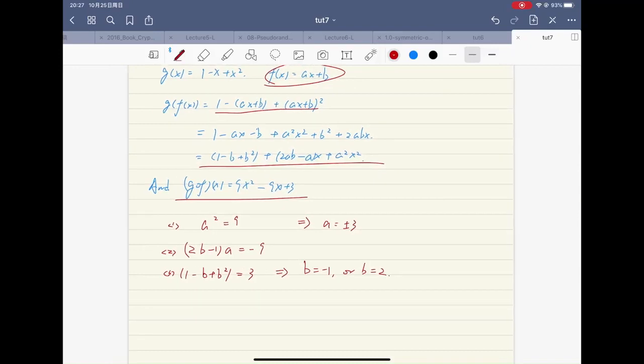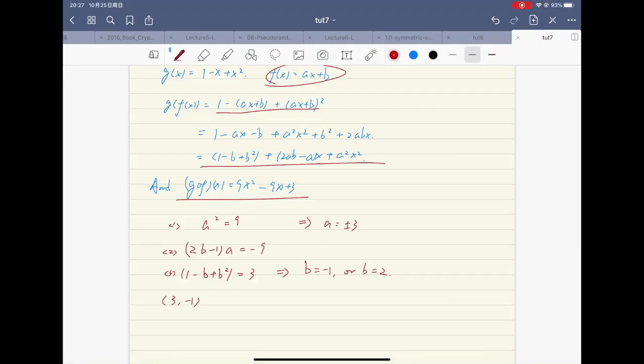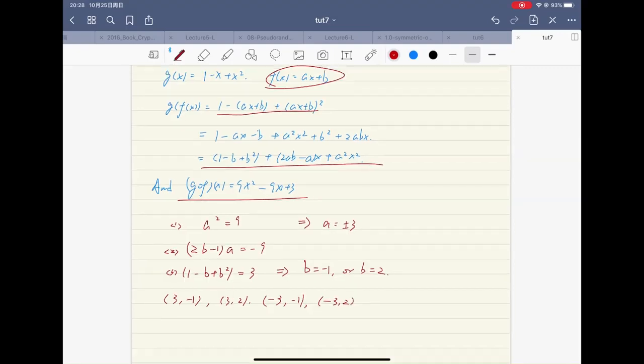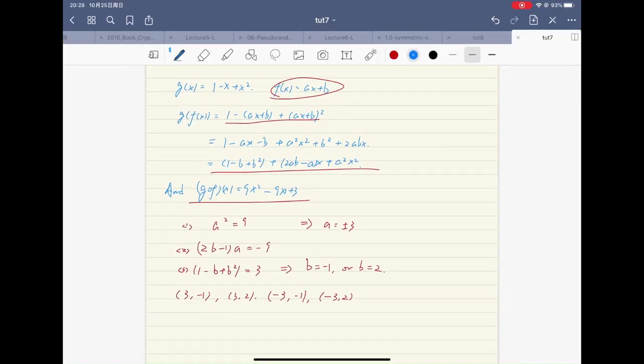So then we have 4 combinations. We have 4 ordered pairs: (3, negative 1), (3, 2), (negative 3, negative 1), and (negative 3, 2). So we have to verify which ordered pair can make the composition function valid.